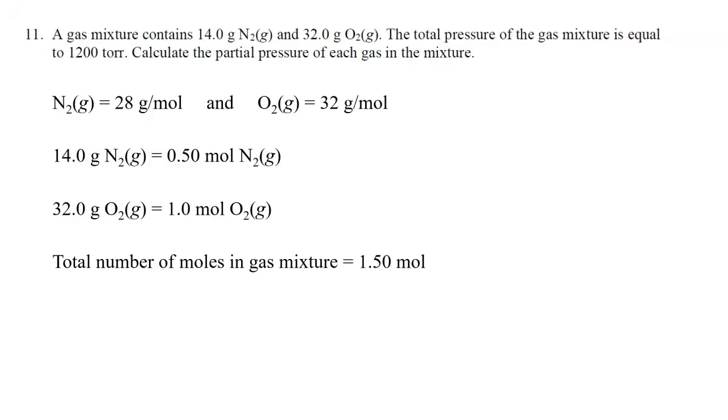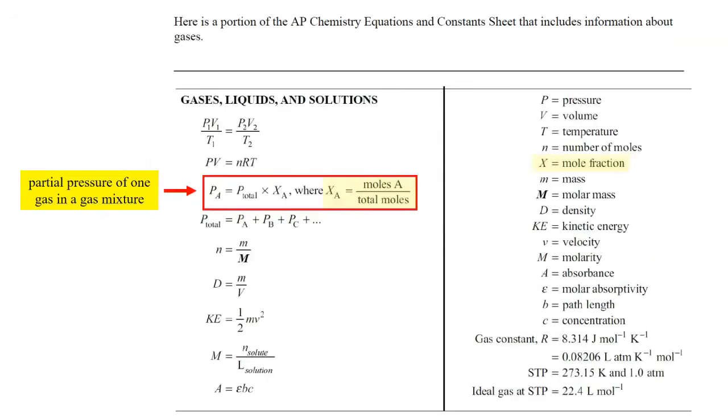Now, let me just remind you on the equation sheet that the partial pressure of one gas in a gas mixture is equal to the total pressure of the gas mixture times the mole fraction. And the mole fraction is a ratio of moles: moles of one particular gas divided by the total number of moles of the gas mixture.